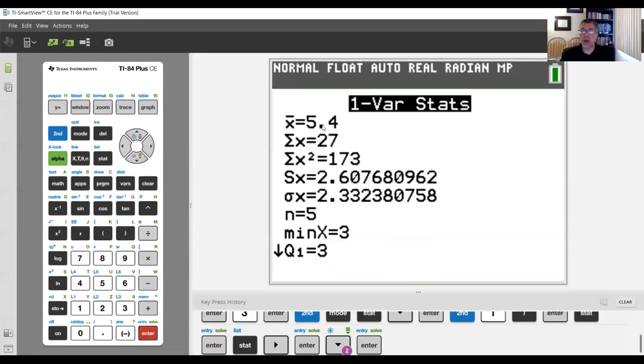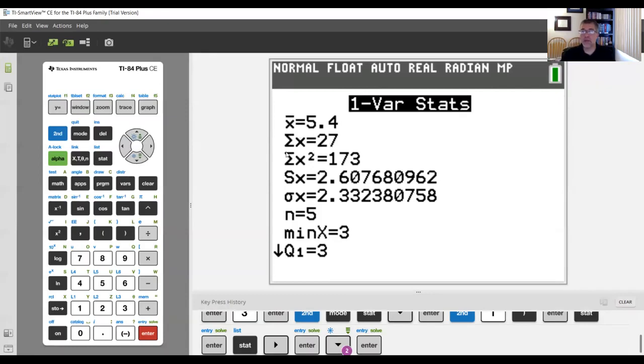And it tells me, look, the mean was 5.4. That's x bar there. That x bar tells me that when I add all those numbers up and divide by the number of items that are there, the number of items is n here. So n was equal to 5, that's the number of items. And when I add up all those numbers, the sum was 27, that's the second line here.